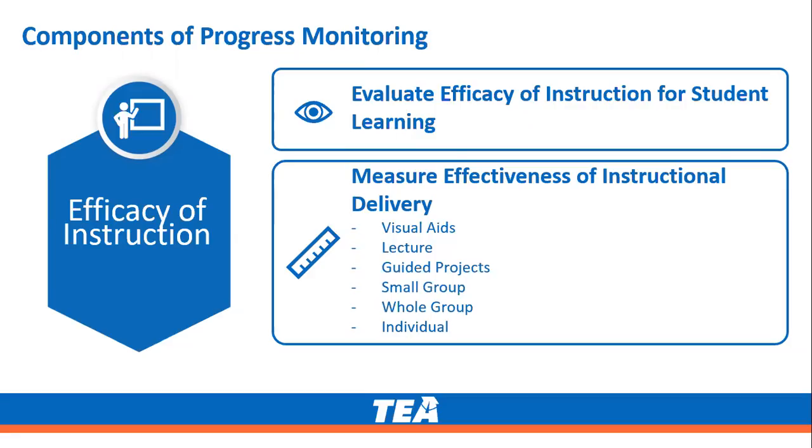This might include things like visual aids, lecture, guided projects, instruction during small and whole groups, as well as individual instruction. For example, if a student has performed poorly on a concept that was taught via virtual lecture, we may assume that lecturing has low efficacy and a different delivery method needs to be evaluated.